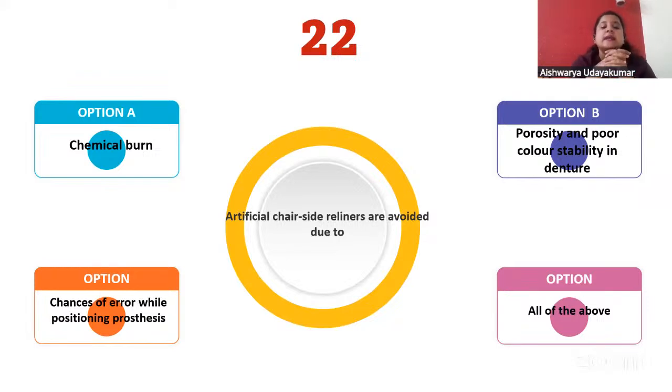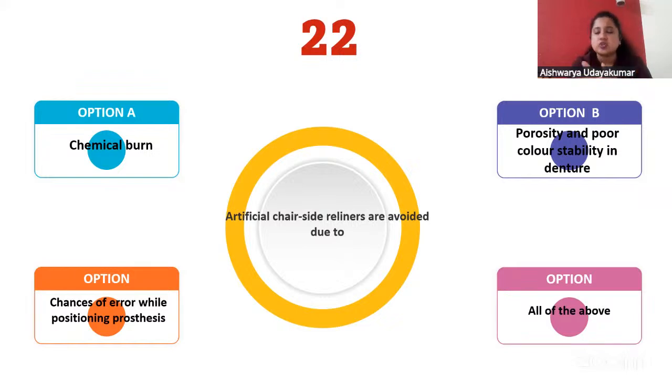Artificial chairside reliners are avoided. Relining is something we do when you don't have any other option. Relinings are like immediate help for prosthodontists. Something that we do when you don't have the time or an option. The patient needs immediate results. That's when relining is done. Now, why is it avoided? Relining is done with polyethyl methacrylate, which can cause chemical burn, and then porosity and poor color stability.